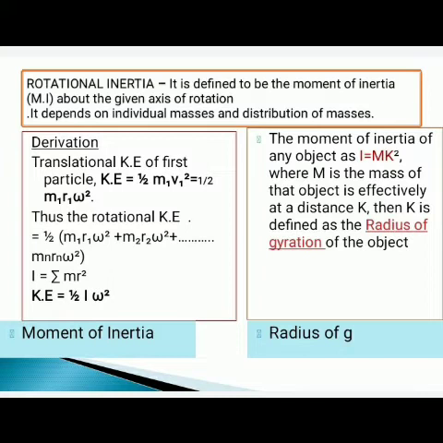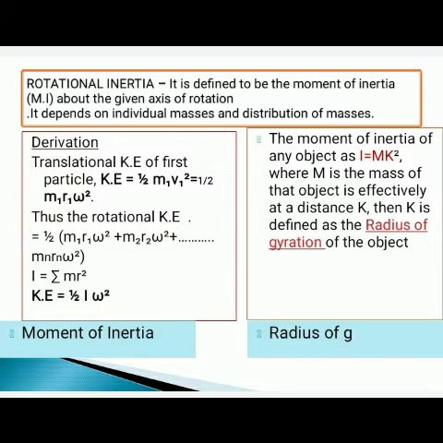Students, let's go through the derivation of rotational inertia. The translational kinetic energy of the first particle is given by kinetic energy equals half m1 v1 square, which can be written as half m1 r1 square omega square.